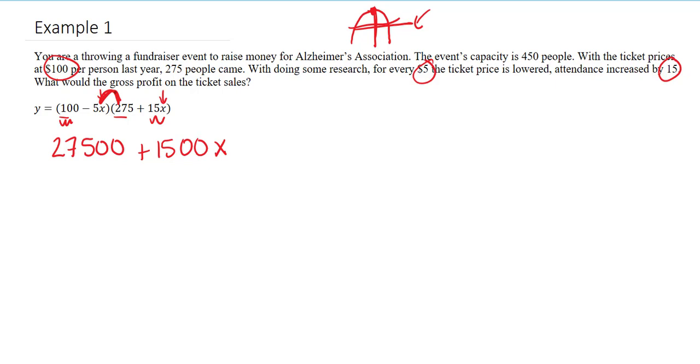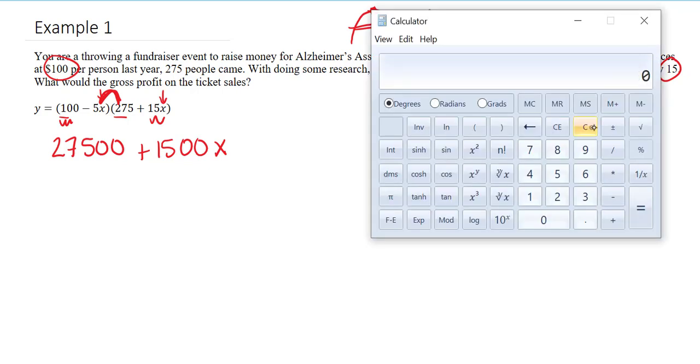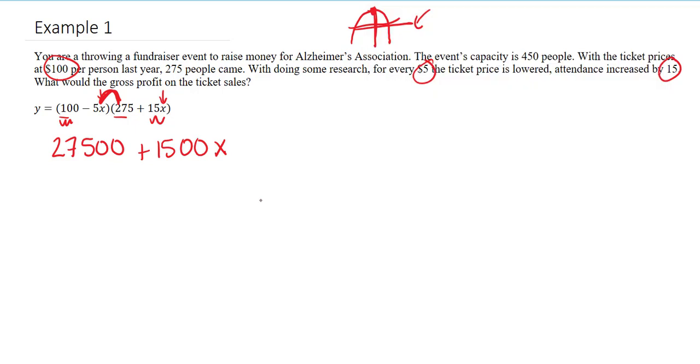Now let's multiply these together. 5 times 275, we get 1,375. And that's x. And we have a negative sign because we want to make sure we multiply that negative sign.